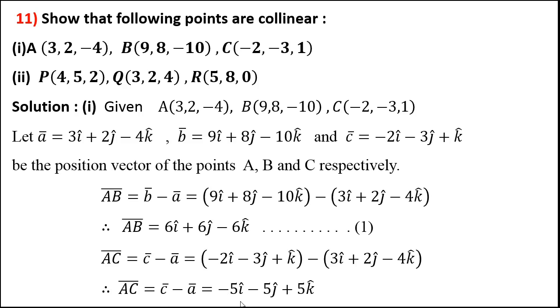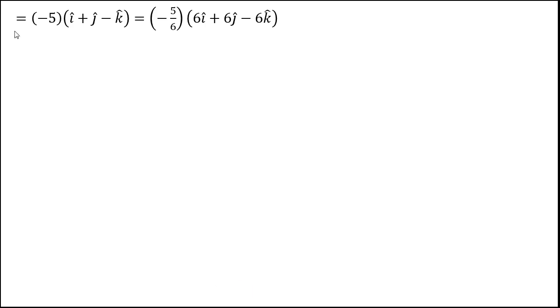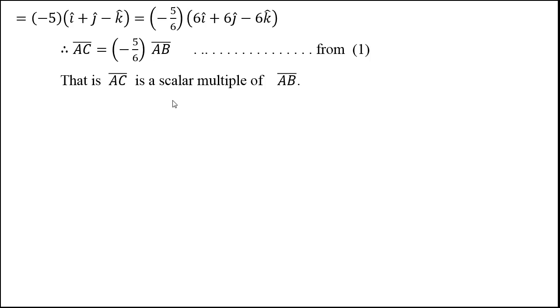Let me take minus 5 common, and this is multiplied and divided by 6. So minus 5 by 6 into 6i plus 6j minus 6k. But this vector 6i plus 6j minus 6k is AB bar. So AC bar is equal to minus 5 by 6 times AB bar.